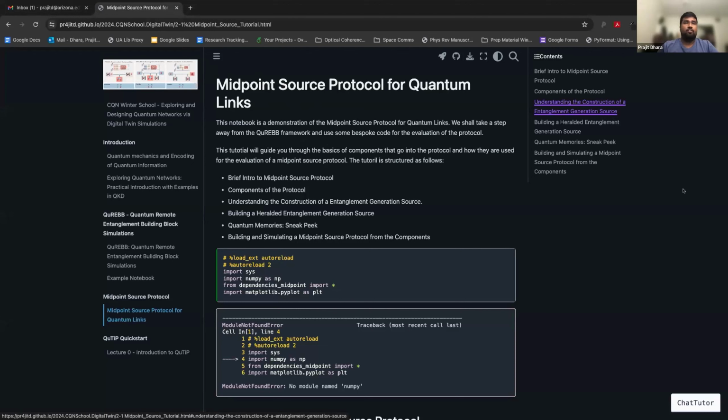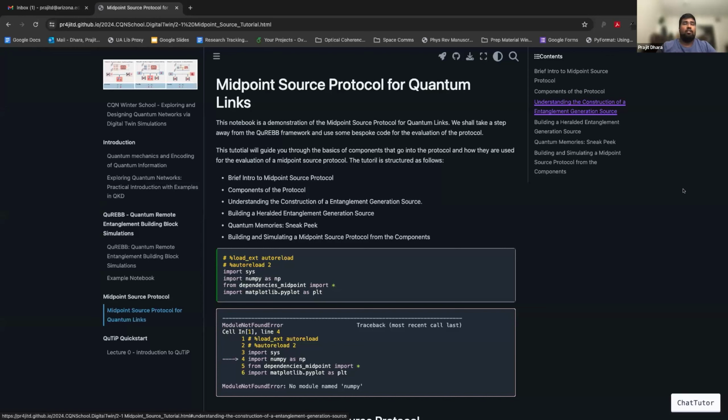My section of this tutorial is going to talk about one specific protocol that Chuck mentioned briefly called the midpoint source protocol. Here, I'll take a different approach to how the quantum network simulation is done and talk about how one can use some bespoke analytic modeling mechanisms, or congruently numerical approaches, to look into some protocols in depth and understand the different implications of it.